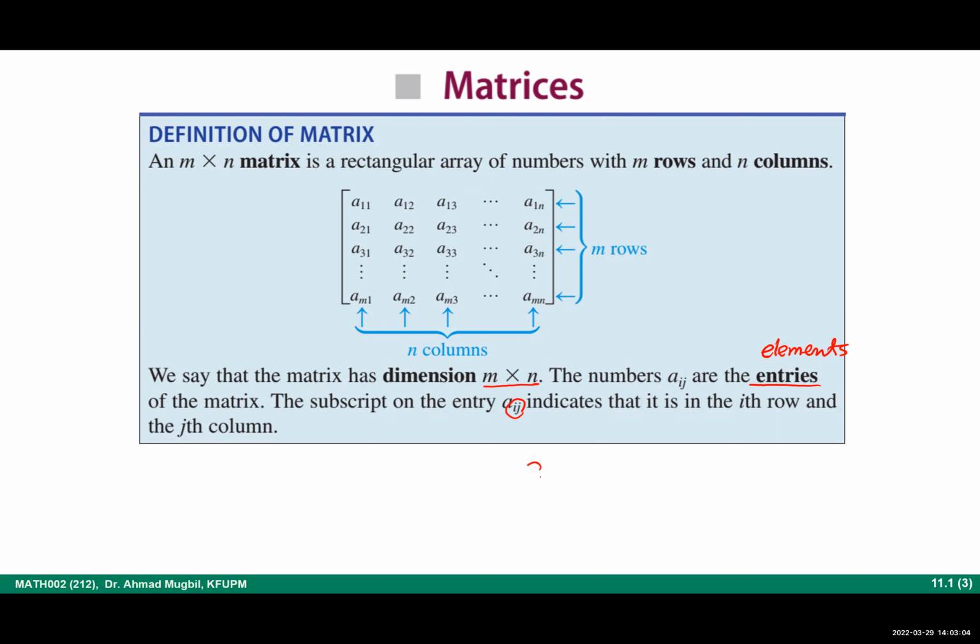So when we say aij, we mean the number that is in the ith row and the jth column. So this is for rows, this is for columns. Like here, for instance, A sub 32, we shortly say A32. It is the element that is in the 3rd row and the 2nd column.